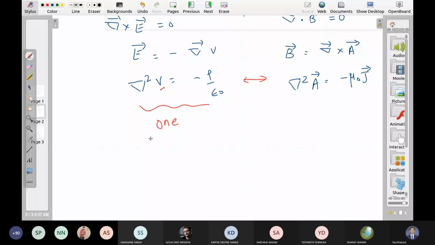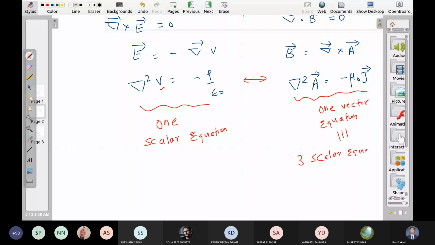What is this? This is one vector equation for 3 scalar equations. Which are those 3 equations? Obviously, just take the component on both sides. What is the x component on this side?